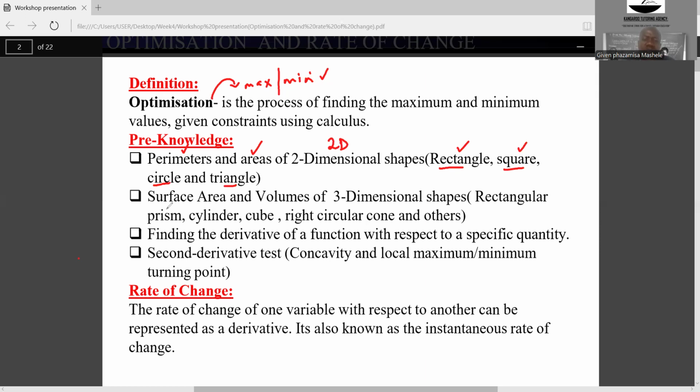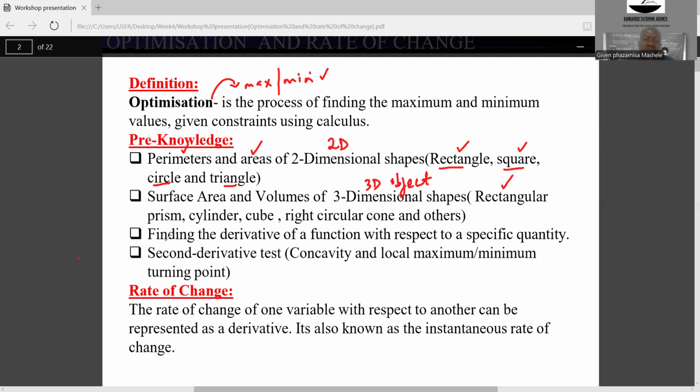And again, you must be able to determine the surface area or total area and the volume of 3D objects. When we talk about 3D objects, we are referring to objects like the rectangular prism, the cylinder, a cube, a right circular cone, and other shapes.